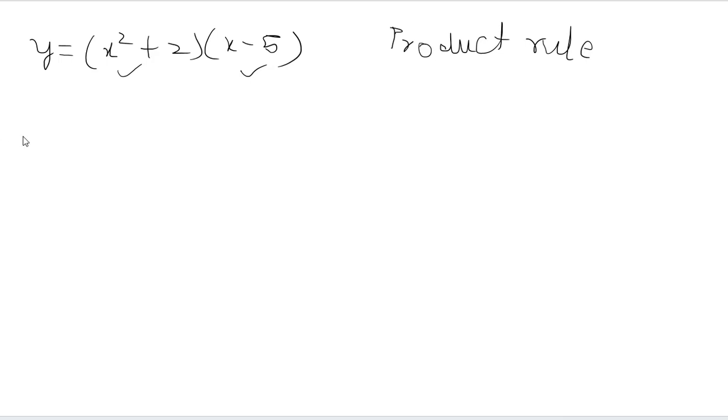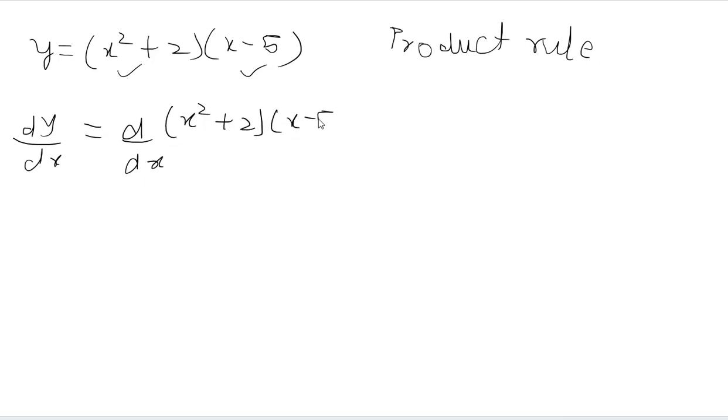So what we do here is to find dy by dx, we replace this y by x square plus 2 times x minus 5. Since there are two things which are multiplied, we first find the derivative of the first thing only and we keep the second thing waiting.